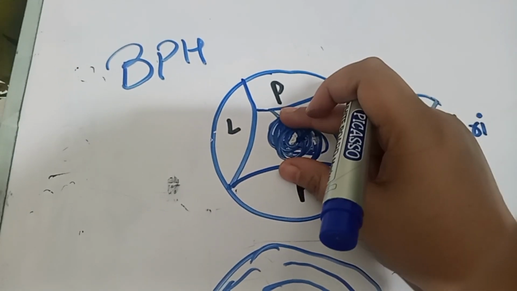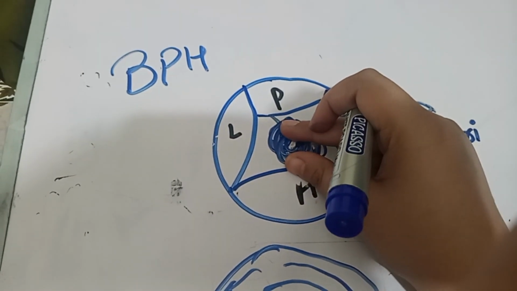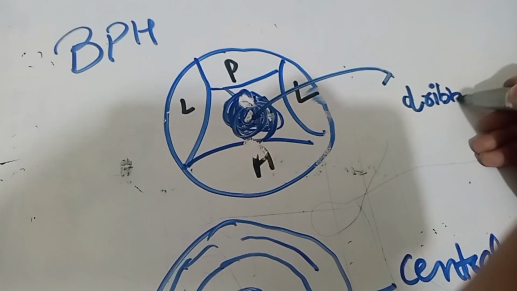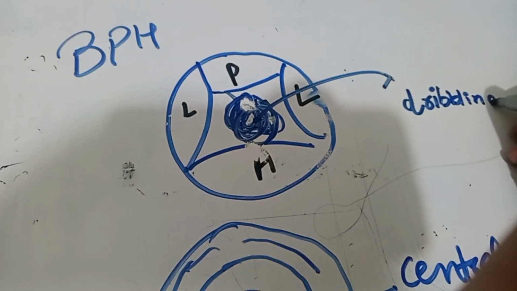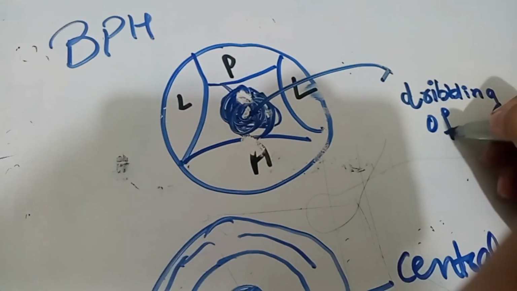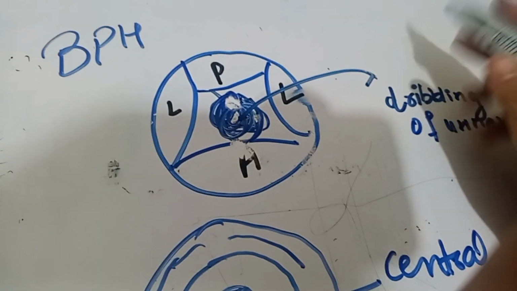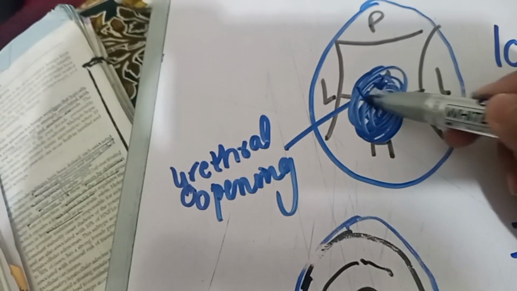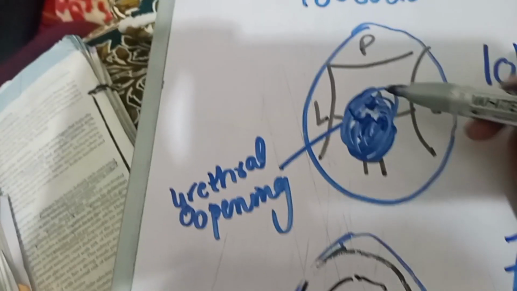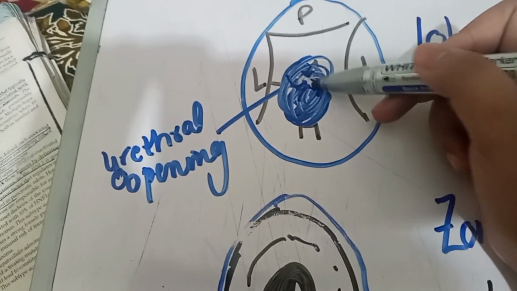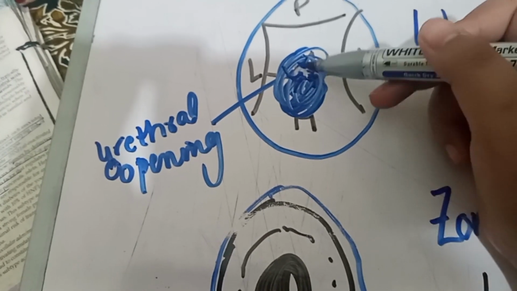If there is enlargement there, it compresses the urethral opening and the patient complains of dribbling of urine and incomplete voiding of the urine. This is the primary presenting complaint of the patient with BPH, benign prostatic hyperplasia.